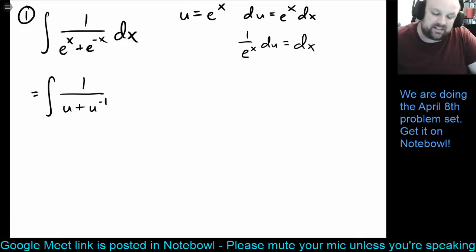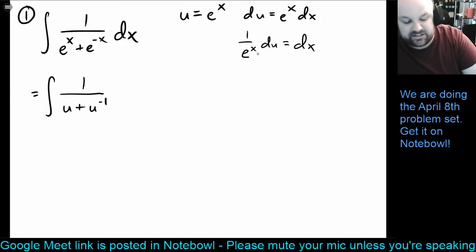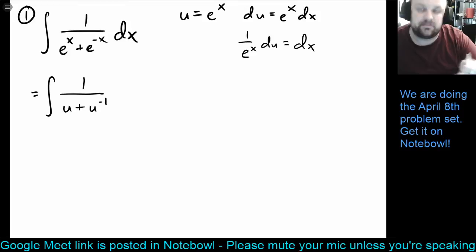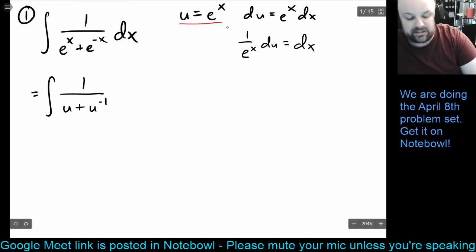But that's not entirely useful, because now this mixes x's and u's. Much like when we were doing some of those u substitution problems, we can use this here to say that this is 1 over u du.